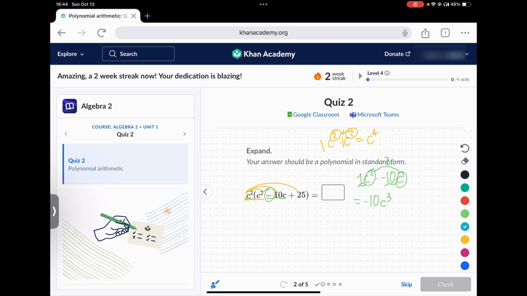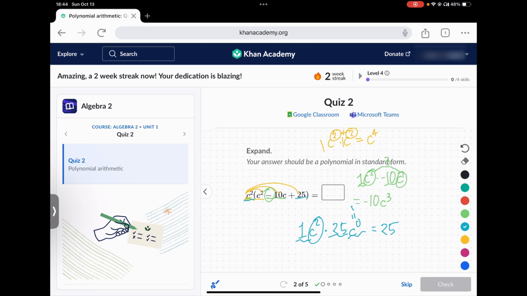And the last one, c squared times 25. So it's going to be 1c squared times 25, that is c that is to the power of 0. Again, c to the power of 0 equals 1. So if you multiply these two coefficients up, it's going to be 25.